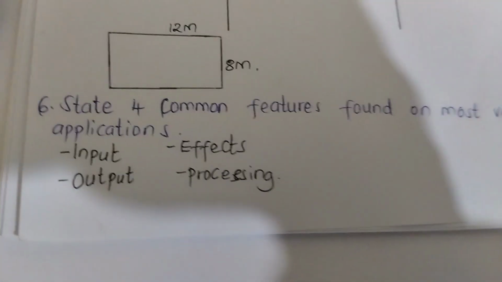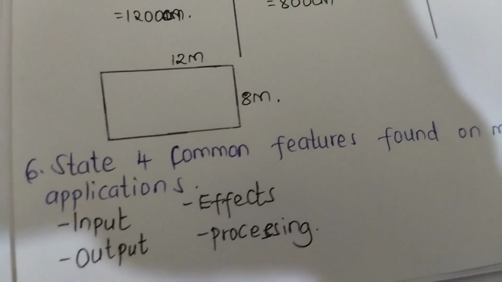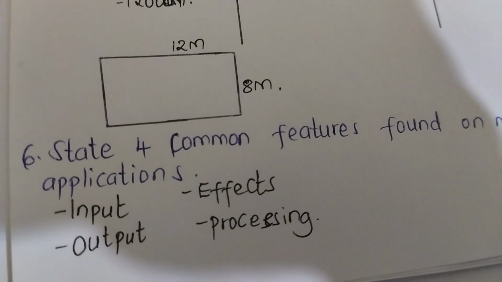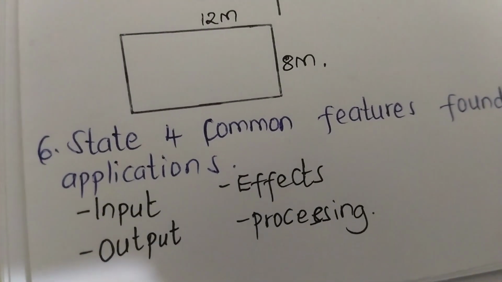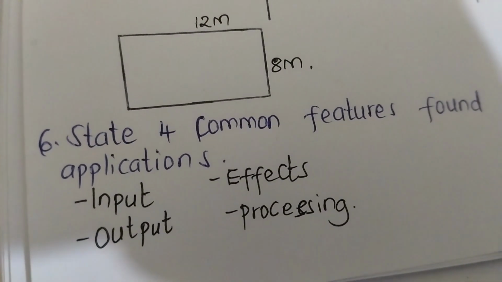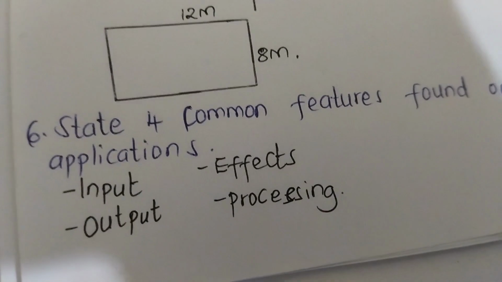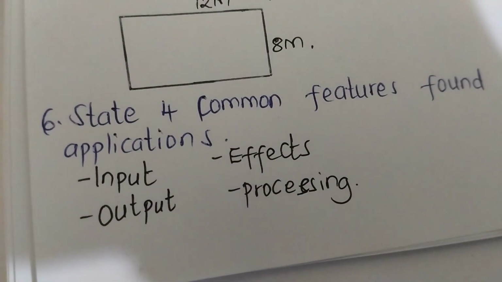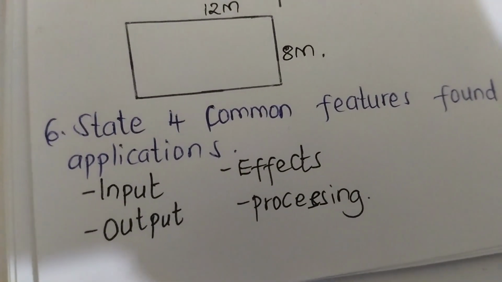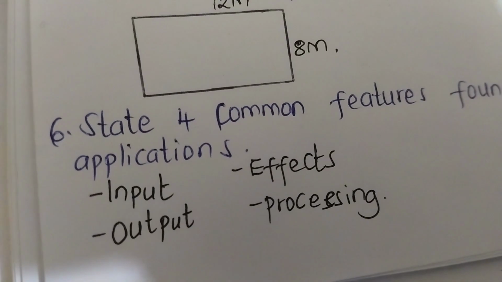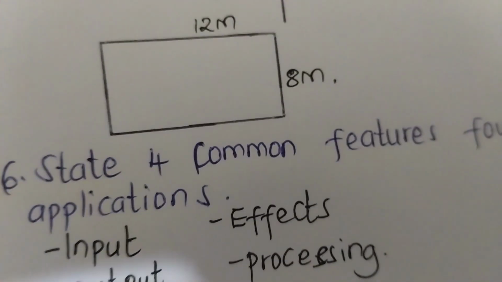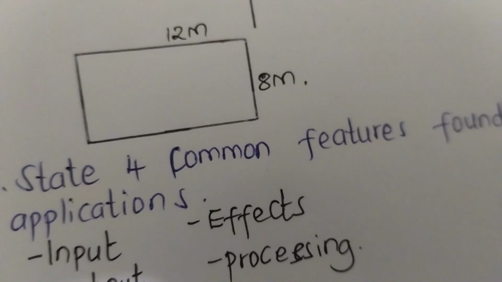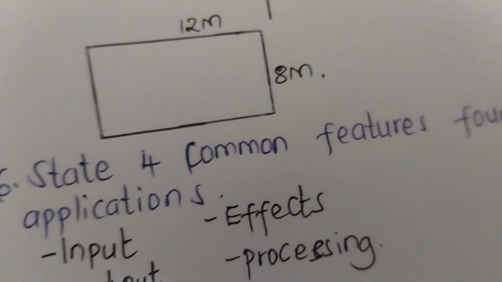After data or commands have been received by a program, what does it do? It processes. So processing comes in as the second one, whereby the program takes the received input and uses it to make decisions.